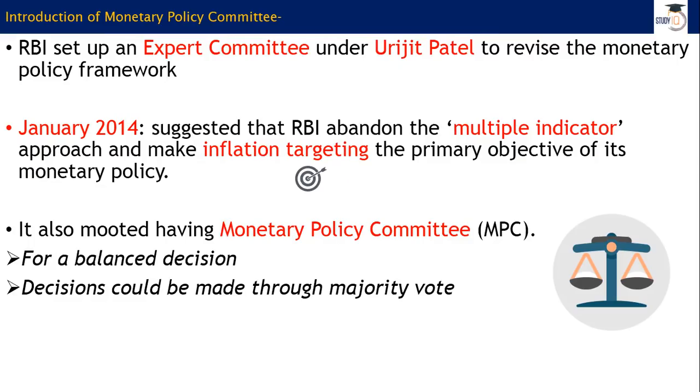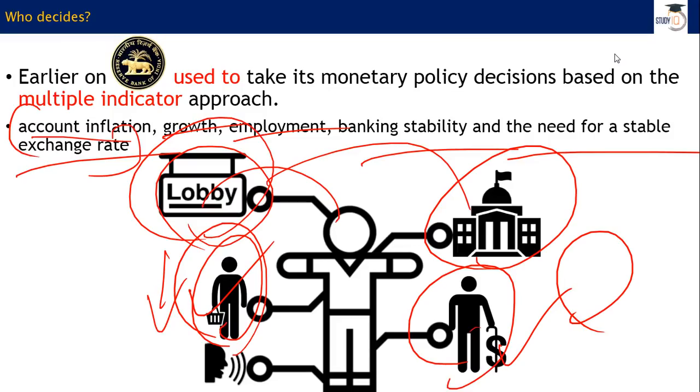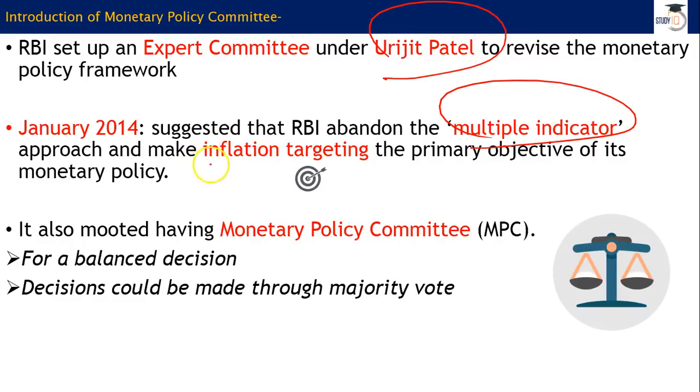So later on it was decided that an expert committee should be set up, and under Urjit Patel at that point of time, he headed this committee. He was the chairman of this expert committee. At present, Urjit Patel is the governor of RBI. So back in 2014, this committee came out with its recommendation, and one of the most important ones was that rather than taking multiple indicators into account, RBI should just focus on inflation.